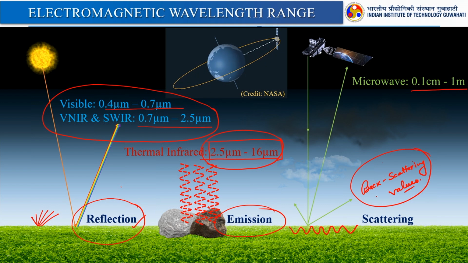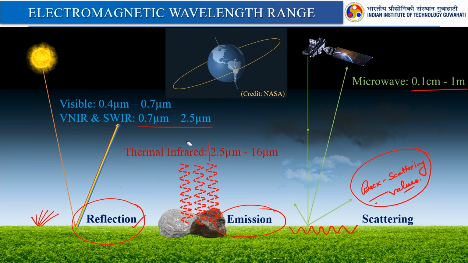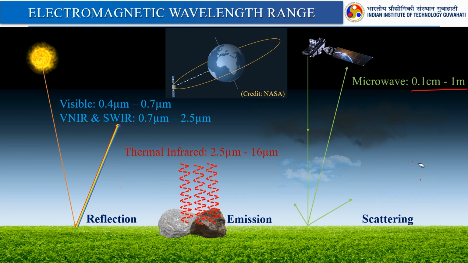And here the wavelength is long, because if you compare the wavelength of visible range, then VNIR, SWIR and the thermal infrared, slowly we are moving towards the longer wavelength range, and this longer wavelength range will have less energy, right. So, we will discuss all these pros and cons of different wavelength ranges in subsequent lectures.